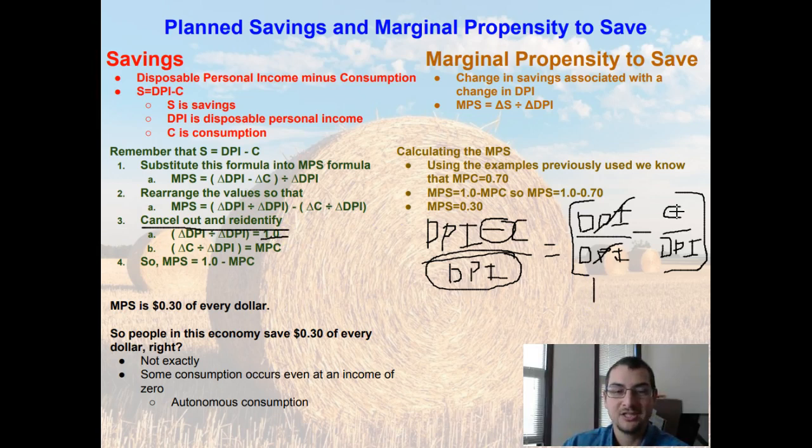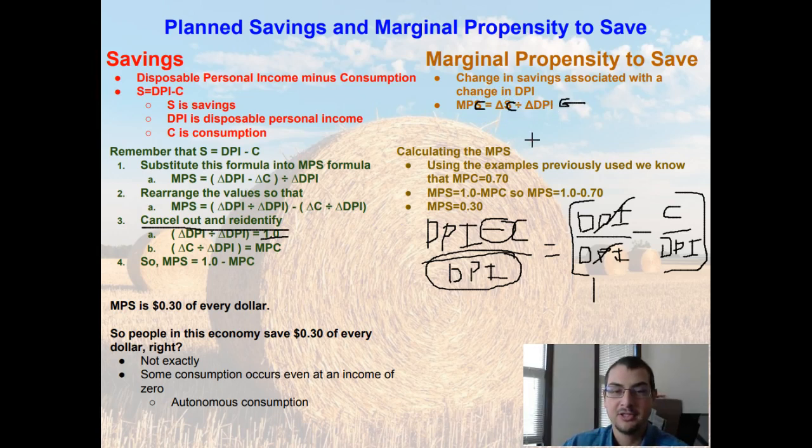Now, change in consumption divided by the change in disposable personal income. Well, what is that equal to? Well, if you remember back to what marginal propensity to consume is, it is the change in consumption associated with the change in disposable personal income. And that formula for marginal propensity to consume is exactly the same as this marginal propensity to save, only the exception is marginal propensity to consume is equal to the change in consumption divided by change in personal income.